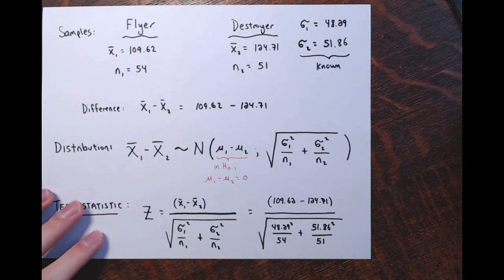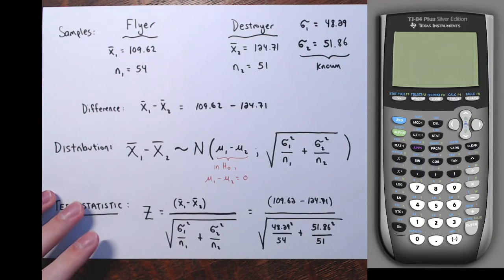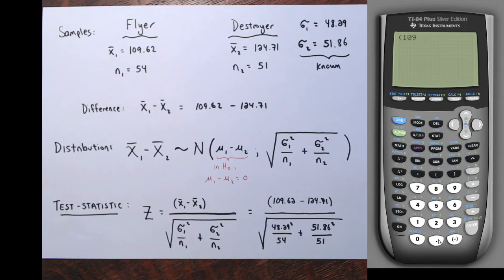So I'm going to pull up a calculator and we'll do this. In the numerator I'm going to put parentheses because there are multiple terms: 109.62 minus 124.71. There's the difference in our sample means, divided by the standard deviation of the distribution of the difference in sample means.